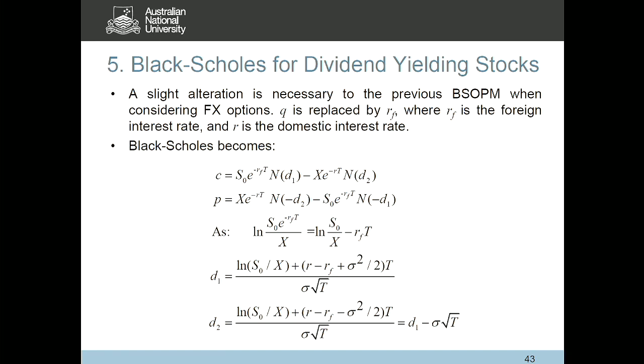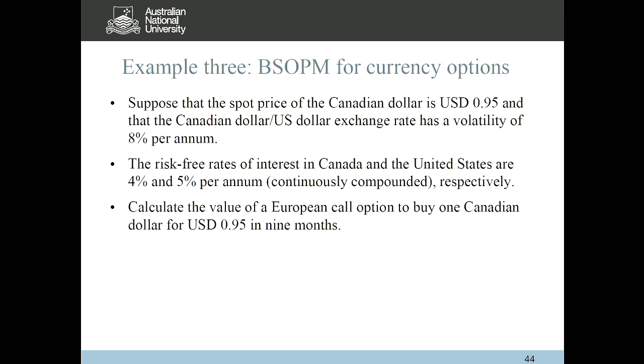So let's have a look at how we use this modified formula to work out the option price. This question says, suppose the spot price to buy one Canadian dollar would cost you 95 US cents. So in this question, you are a US investor, so the US dollar is your domestic currency.